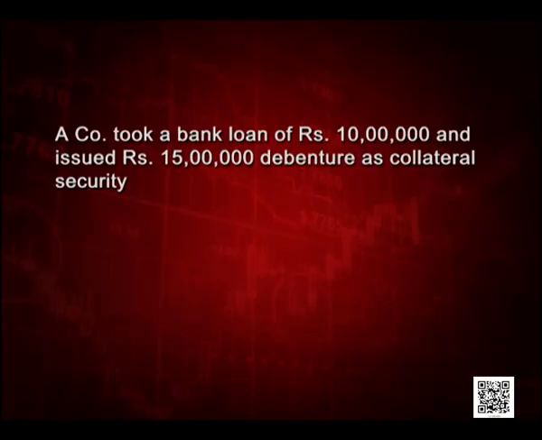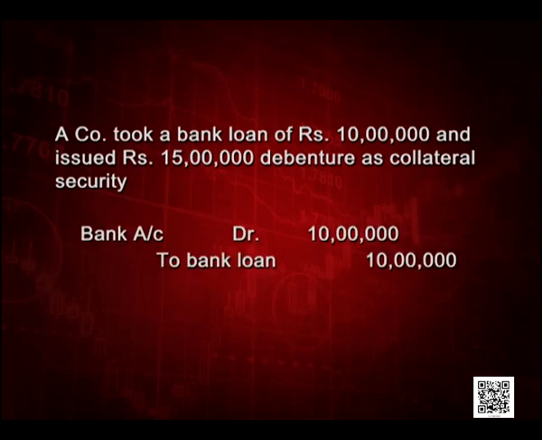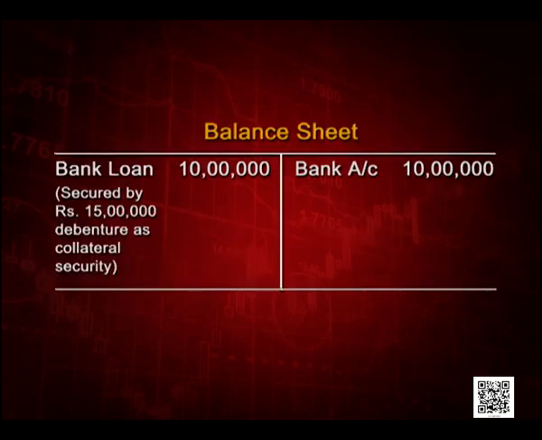Suppose a company took a bank loan of rupees 10 lakh and issued rupees 15 lakh debenture as collateral security. The first entry will be for the bank loan, bank account debit to bank loan 10 lakh rupees, and in the balance sheet it will appear like this.